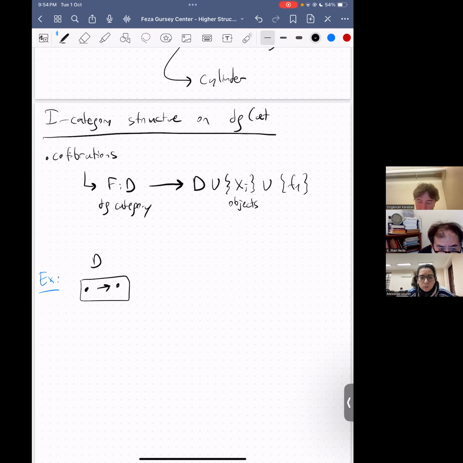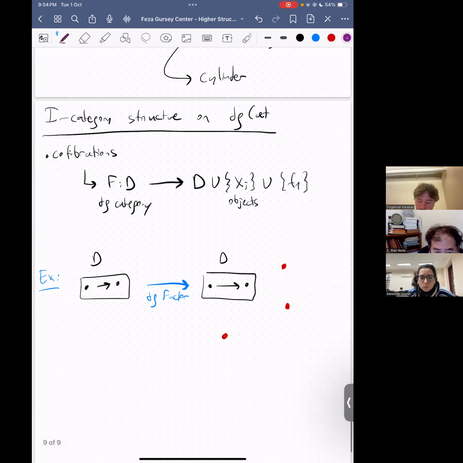And then I define a DG functor from that such that it hits D itself. But there is more stuff around. First, I may have more objects. Let's say this. Then I have F1.